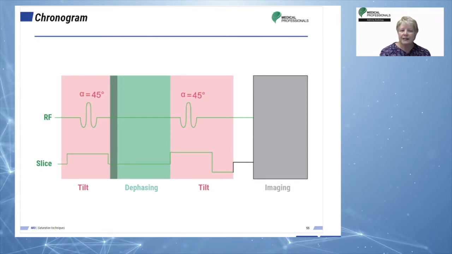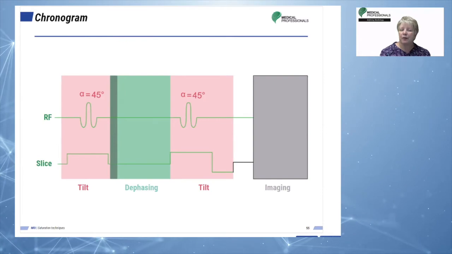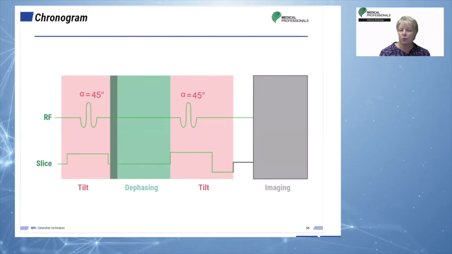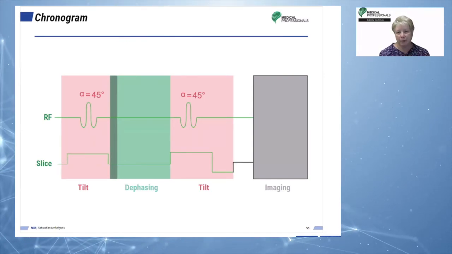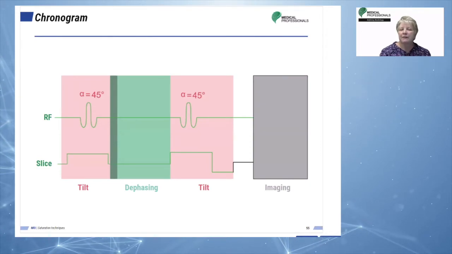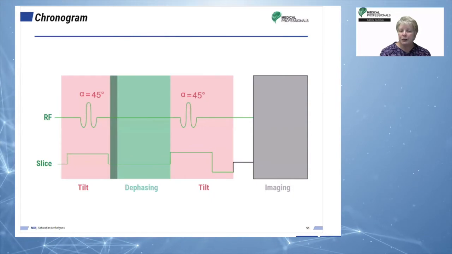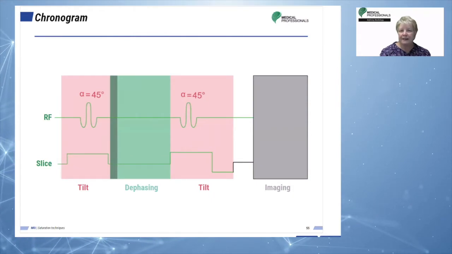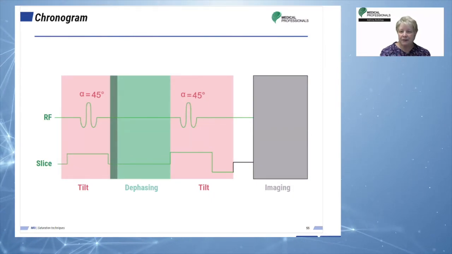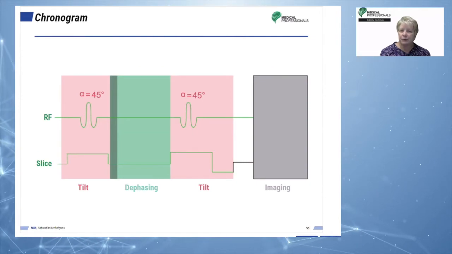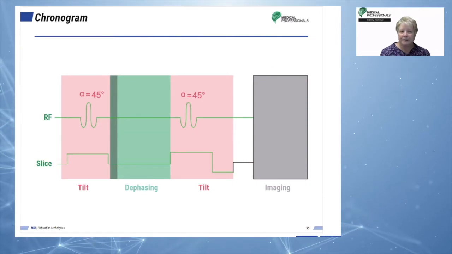Okay. Selective excitation of water by a binomial pulse 1, then 2, and then 1 gives us three pulses. The first one is 22.5 degrees. The second one, 45 degrees. The third one is 22.5 degrees.